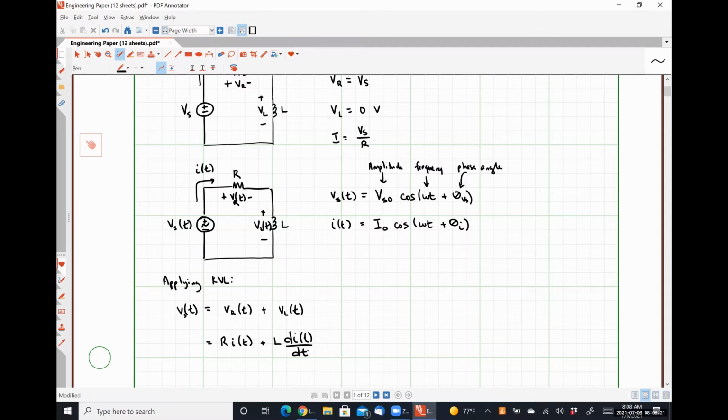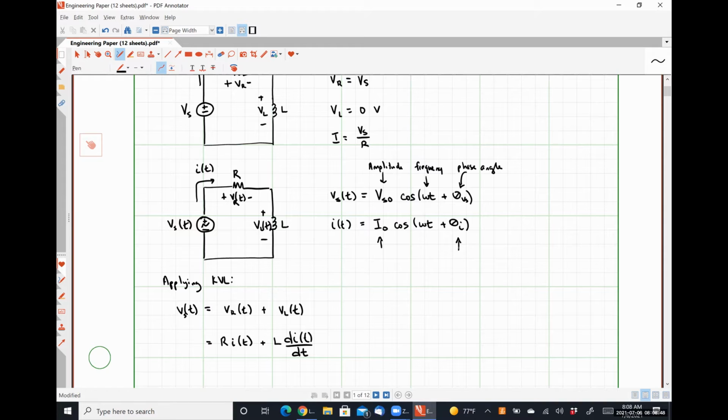So what we are about to do is effectively figure out how this amplitude I naught and this phase angle theta I depend on the values of the amplitude and phase angle of the voltage, as well as the resistor value and the inductor value, right?